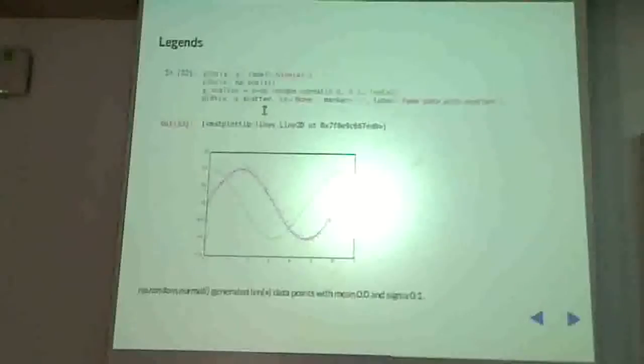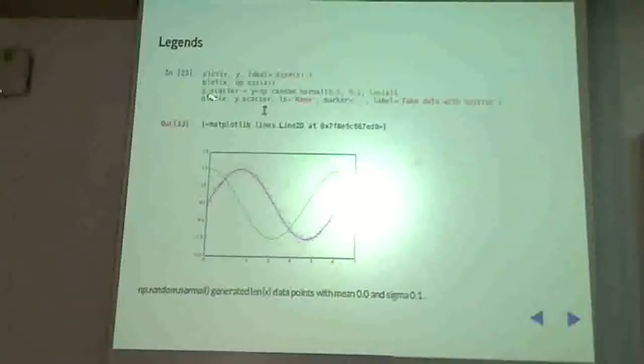Then legends. You often have plots in which you need to mark legends. But before we get to legends, first we make the plot and we make a label. So you plot x, y and you label that curve with a string. Label equal to some string. Now this one is not labeled.